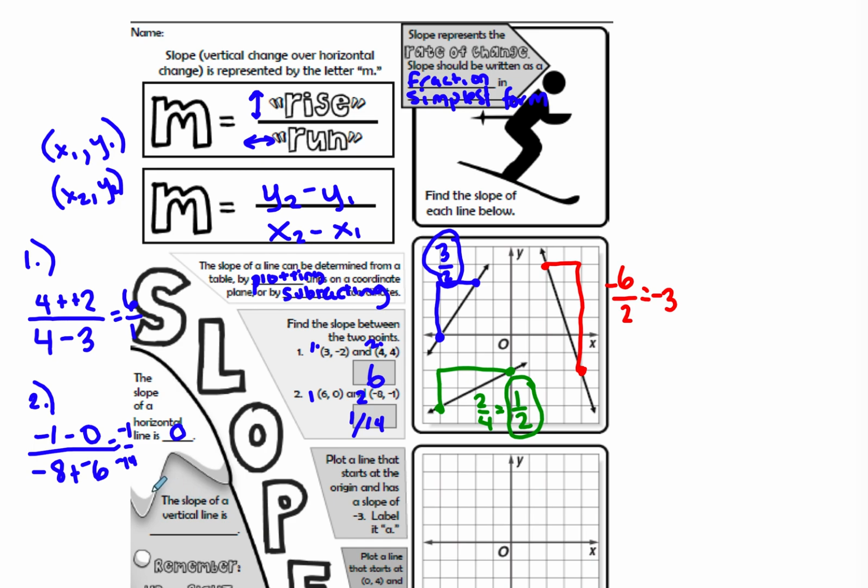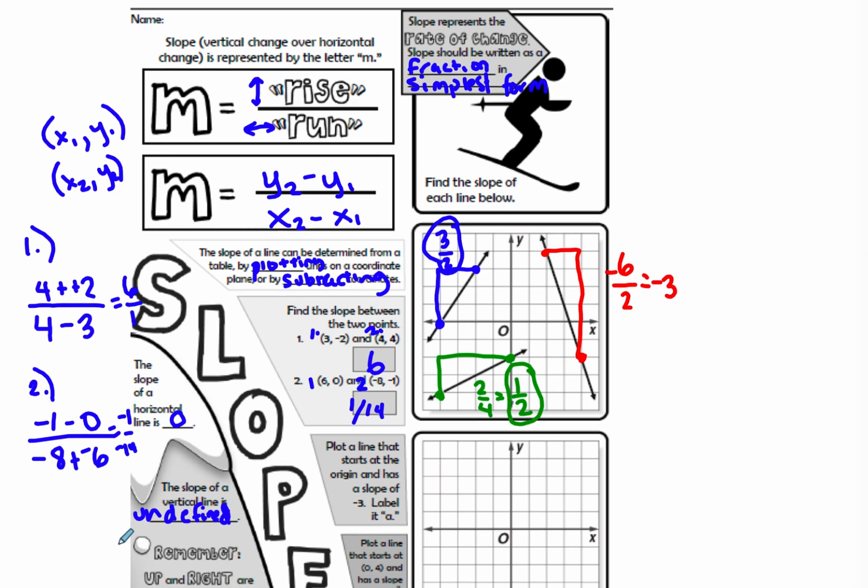If we have a vertical line that's completely up and down, you're not going to be able to walk on that. That's not like a hill. So for that, we call that undefined slope if it's a complete vertical line. So if you have one of those, you don't have to actually calculate anything. You just write undefined or you write 0.